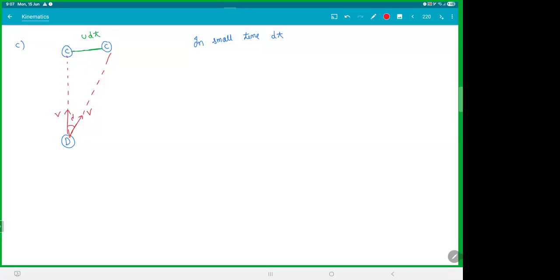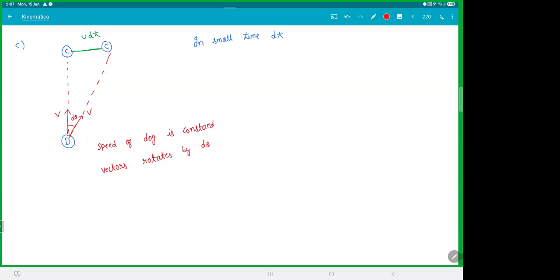Let the angle be d theta. So the dog ka head turns by a d theta angle. So speed of the dog remains same, but the direction changes, but the vector rotates by d theta. Again, remember d theta is very, very small there.